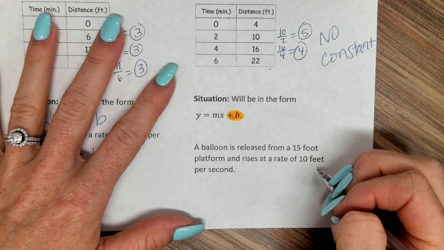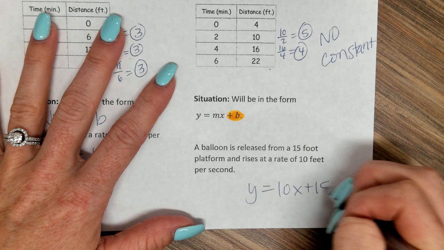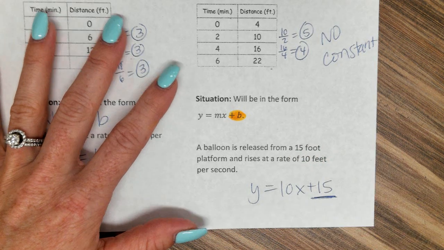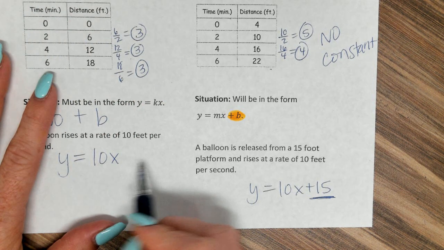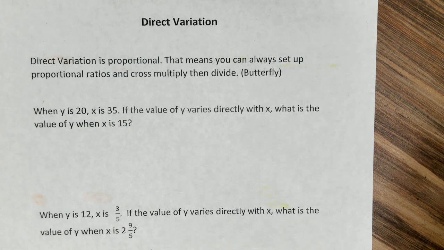How would I write this? 10x plus 15. Notice the difference. This one has a plus b. This one does not. And that's the lesson for today. So today on your assignment, you are going to be looking for the difference between proportional and non-proportional. Okay, flip to the back.